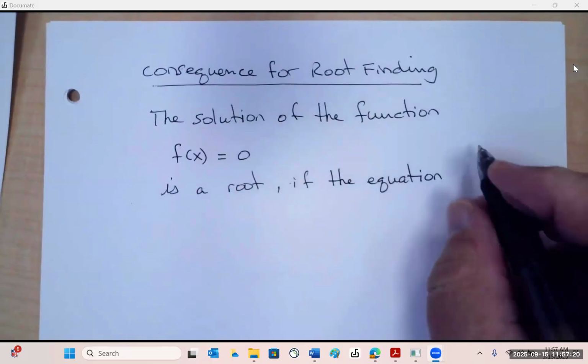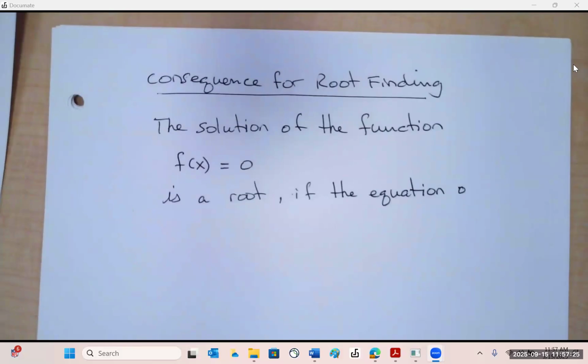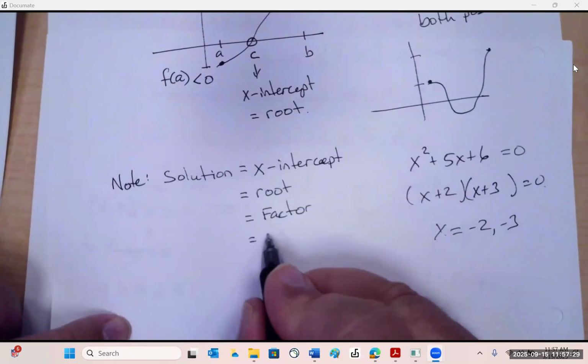Oh yes, another thing I forgot. It's also called a zero.